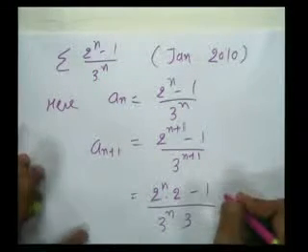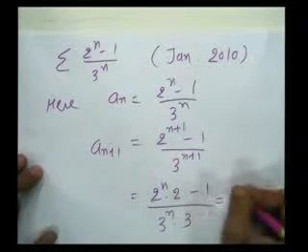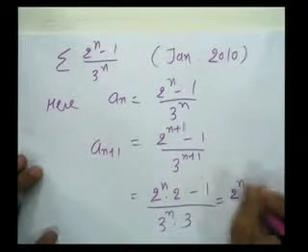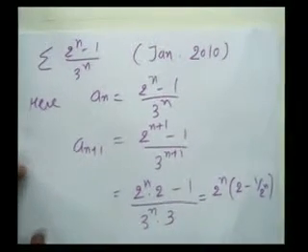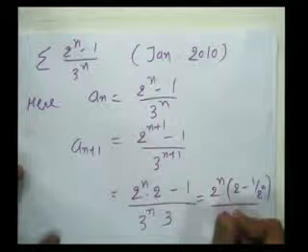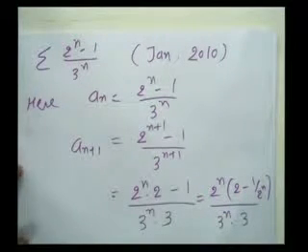If we take 2ⁿ common, we get 2ⁿ(2 − 1/2ⁿ) upon 3ⁿ into 3.